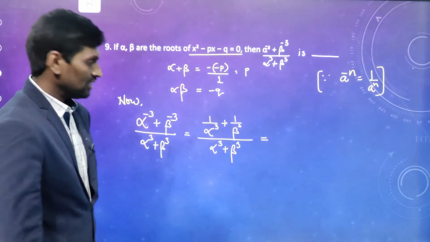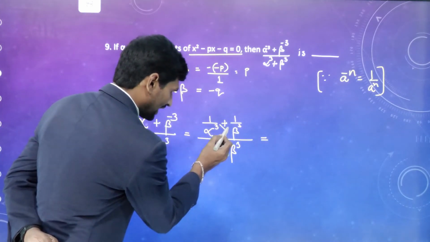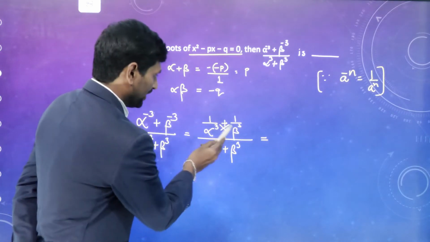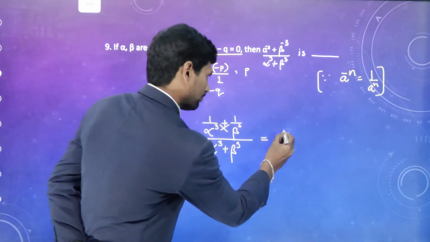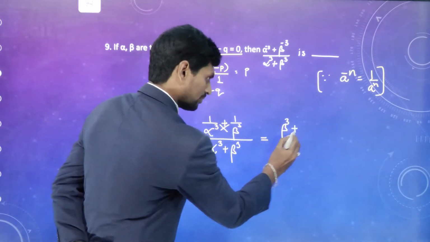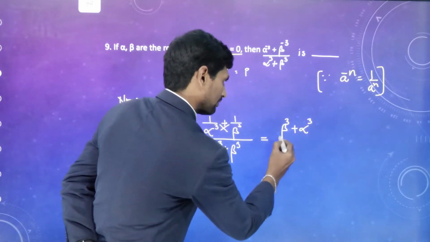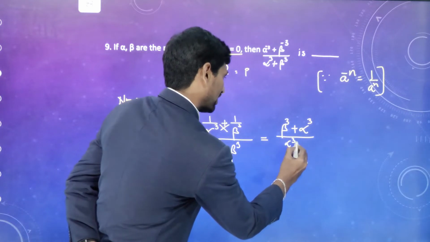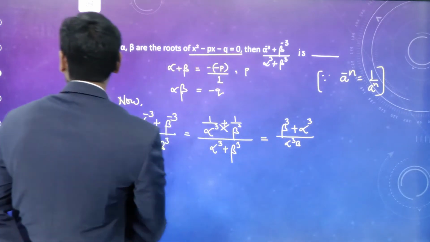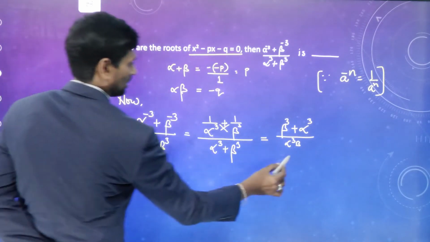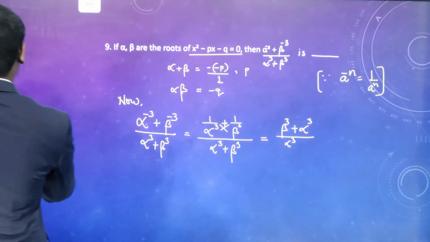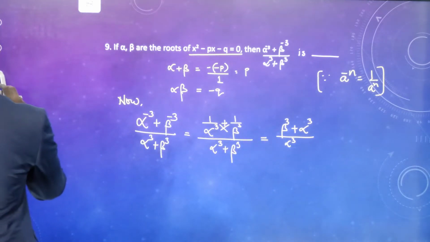Okay, na? Now let us simplify like LCM. 1 into beta cube is beta cube. 1 into alpha cube is alpha cube, by alpha cube into beta cube.